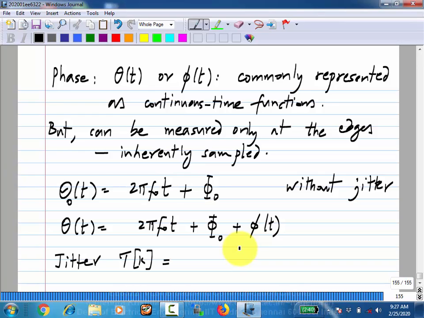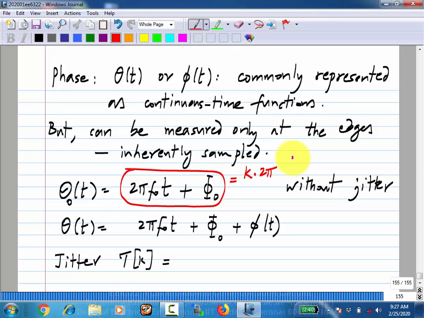What are the sampling instants now? k by f naught. When this whole thing is equal to k times 2 pi, right? That's when you have basically the zero crossings, right?